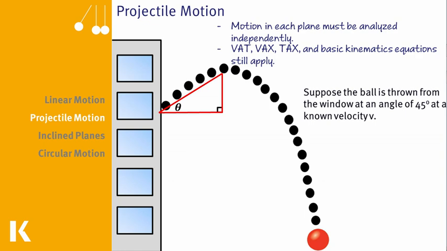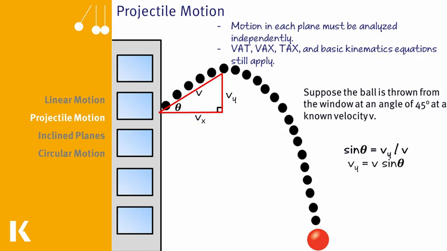Since we know the initial velocity of the 45-degree throw, let's label it on our triangle. From here, the other two sides of the triangle, or the horizontal and vertical components of that initial velocity, must be labeled. To solve for the vertical component of velocity, or Vy, the component that is affected by gravity, we apply sine theta to find the side of the triangle opposite the known angle.